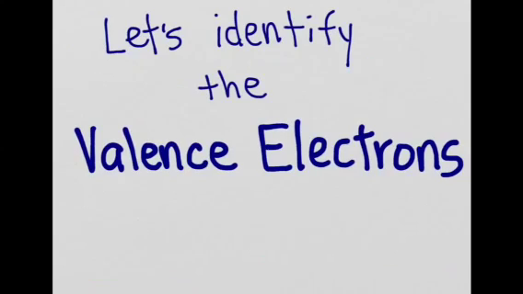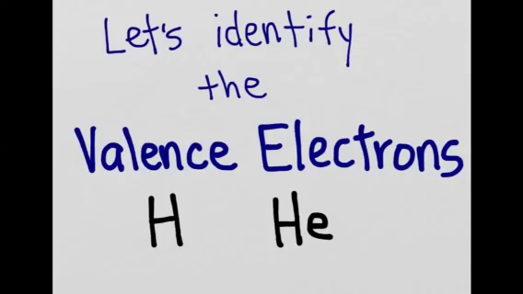So now let's identify the valence electrons, because except for the elements hydrogen and helium, the valence electrons are generally a small subset of the electrons that an element will have.